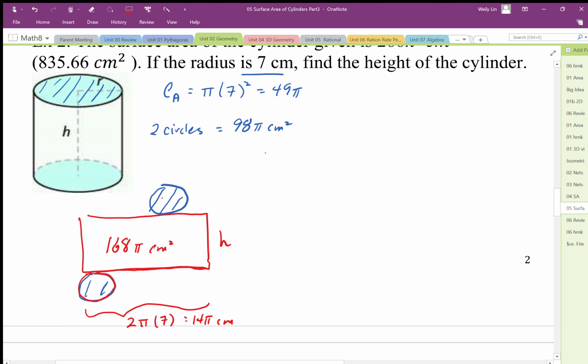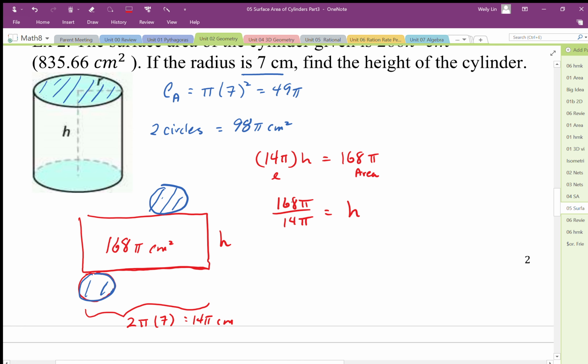So since area is length times height, I'm going to write it this way: my length times height is equal to 168 pi, which is my area. So in other words, 168 pi divided by 14 pi is going to be equal to my height.